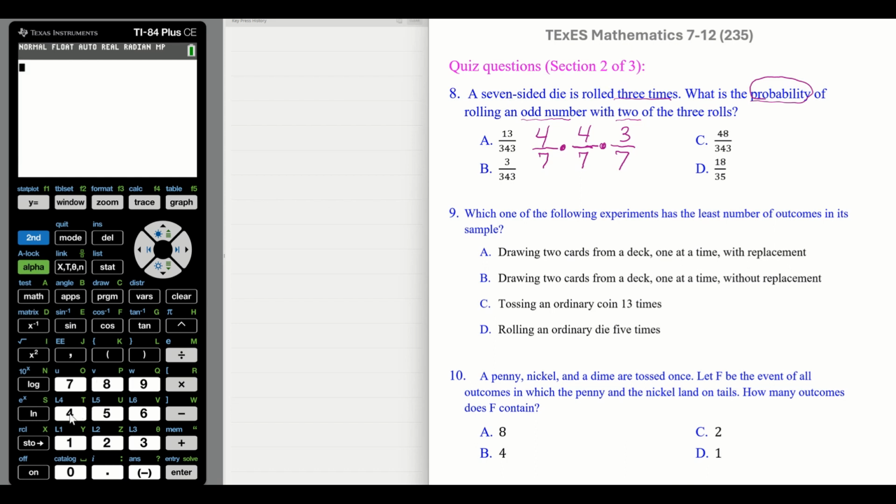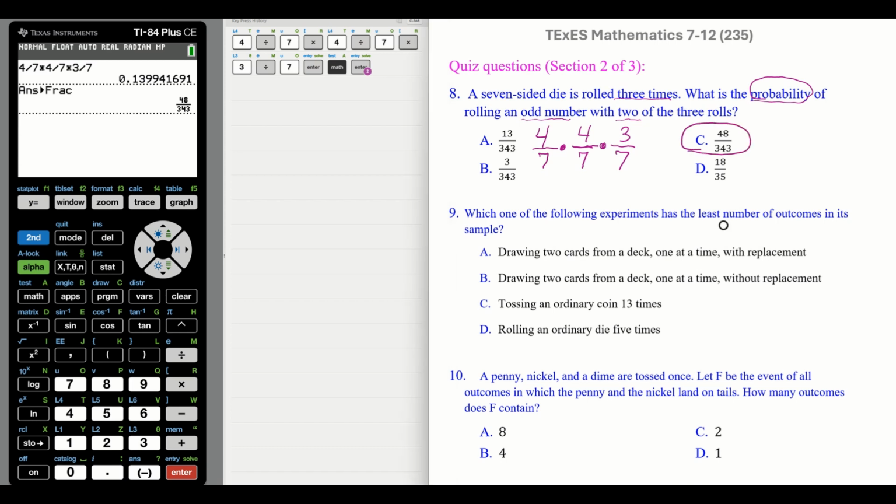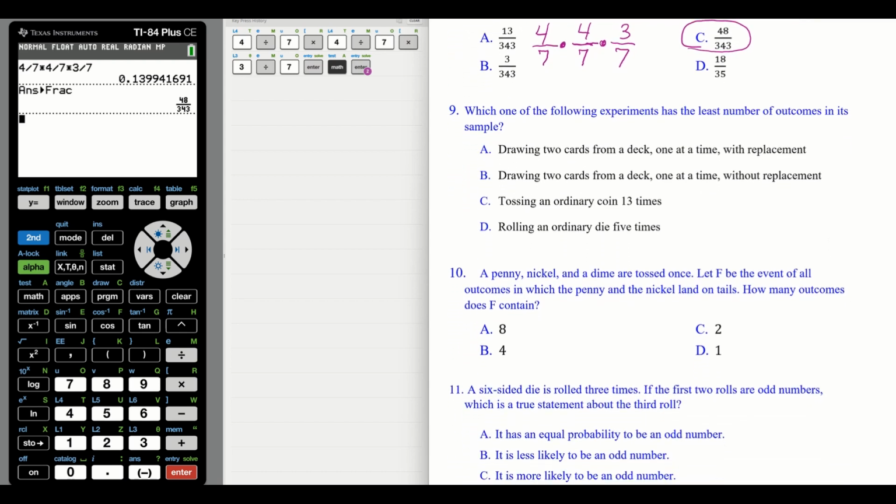We should be okay with our order of operations. So 4 divided by 7 times 4 divided by 7 times 3 divided by 7. Enter. We need a fraction, so math, enter. 48 out of 343.